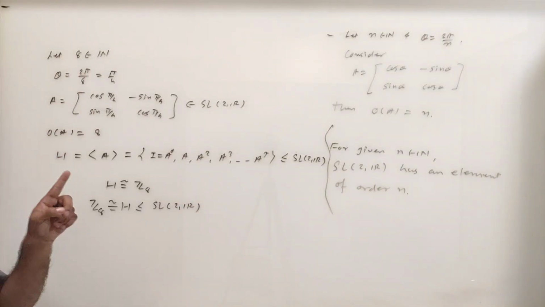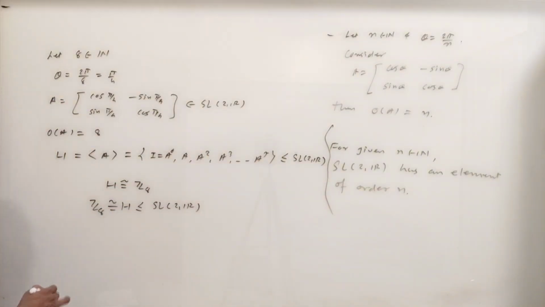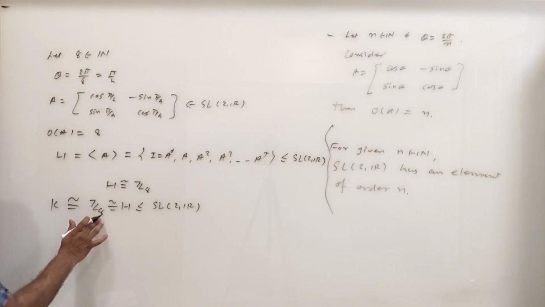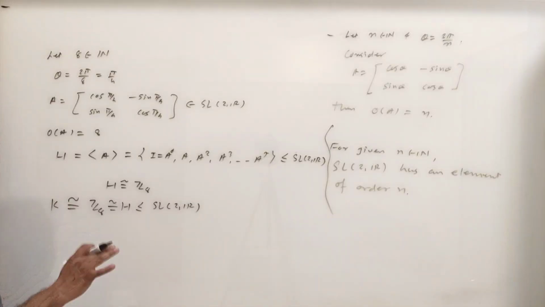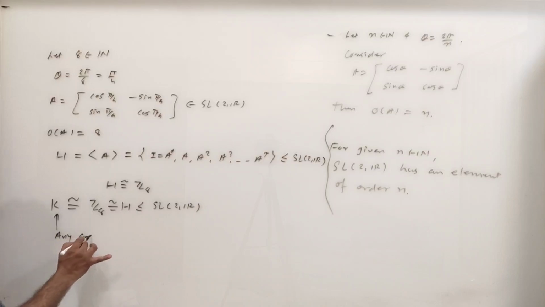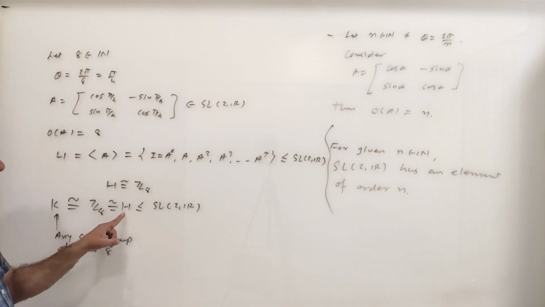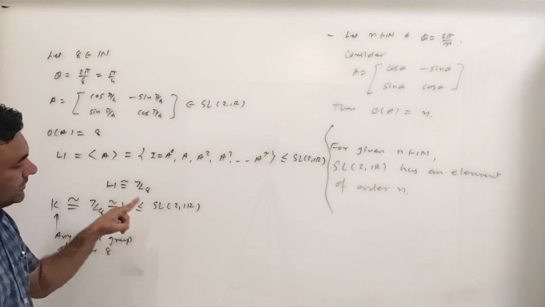Now consider any cyclic group K of order 8, then it will be isomorphic to Z8, and Z8 is isomorphic to H, and H is a subgroup of SL2R.